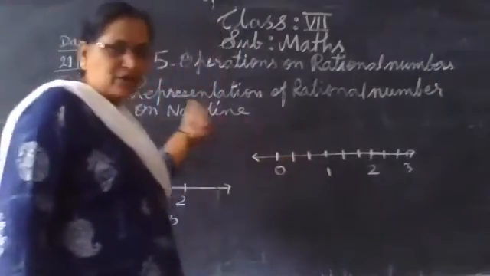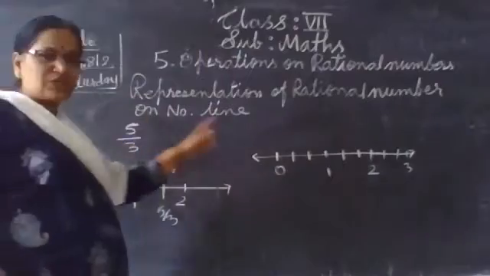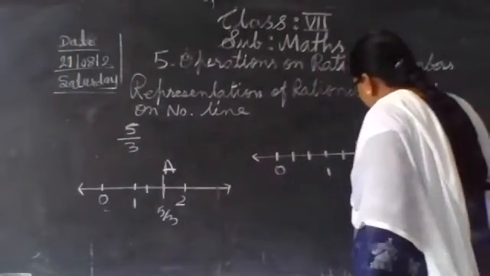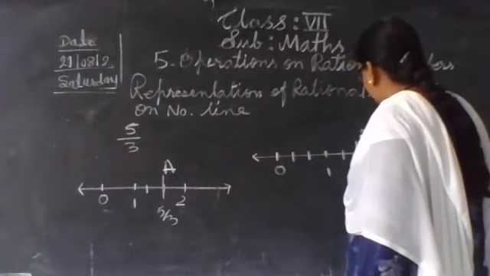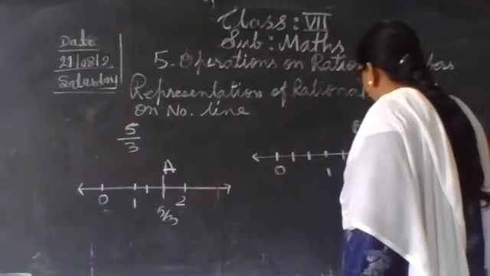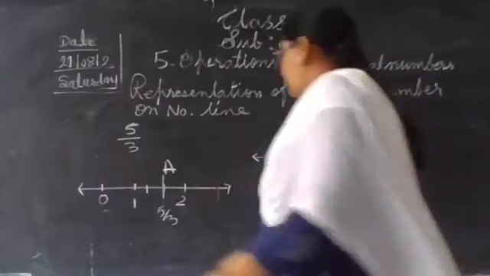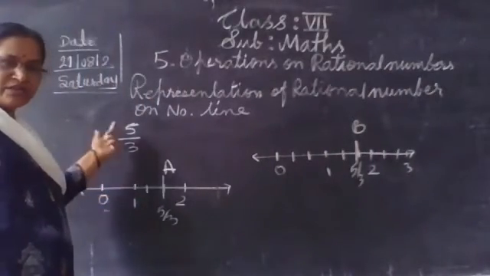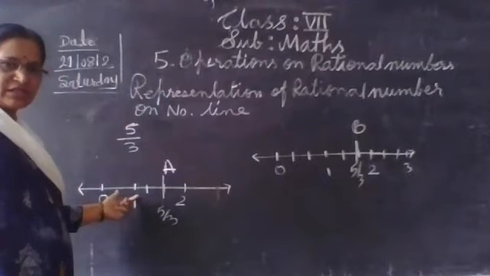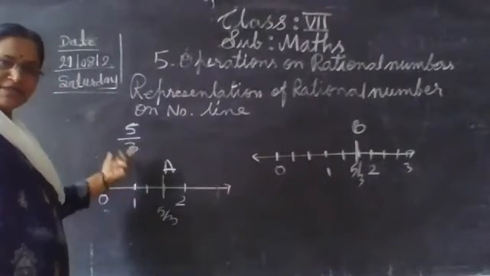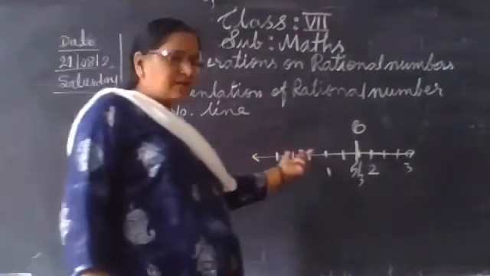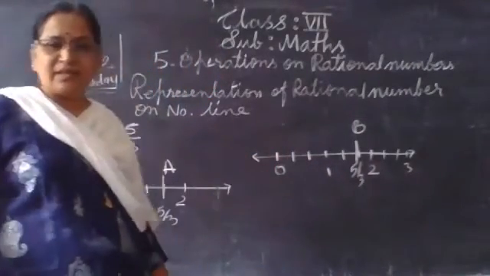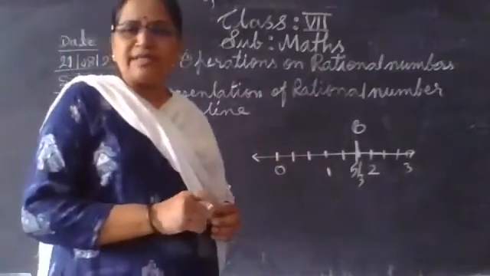Total number of parts. Okay. And you have to select 5. So start from the 0. 1, 2, 3, 4, 5. Point B, 5 upon 3. See, the same thing. So here you convert this number into mixed fraction and then represent it on the number line, and here without converting to mixed fraction you will represent like this. Got it beta? So let's see one more example.